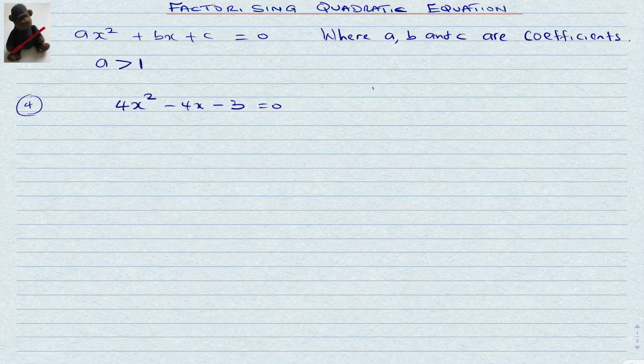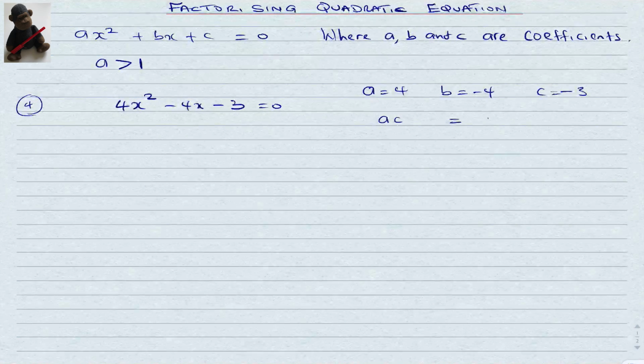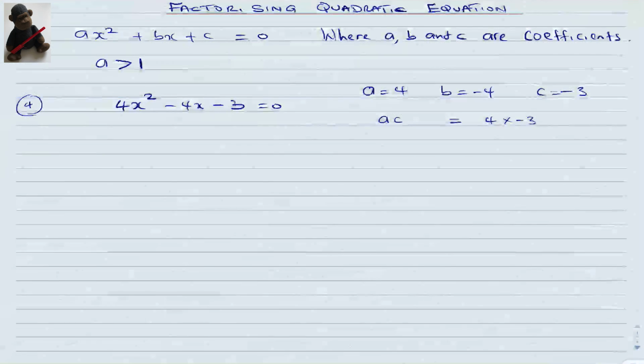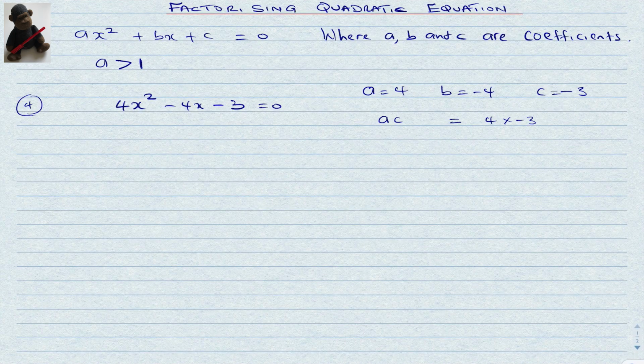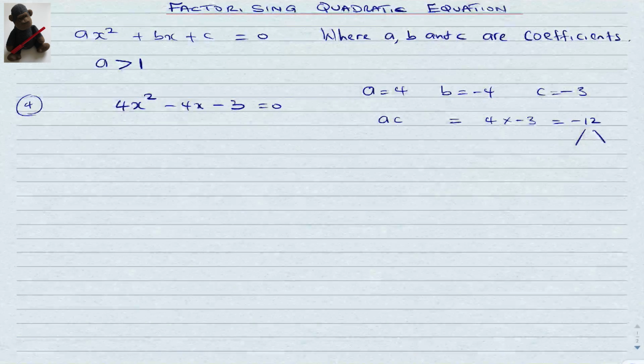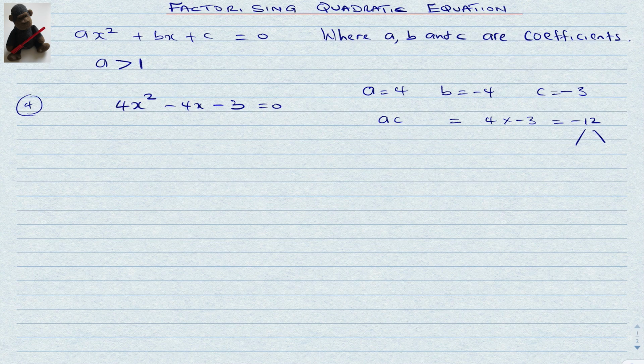Now let's try this question where a equals 4, b equals minus 4, and c equals minus 3. Now we need to find ac, which is 4 times minus 3, and that will give us minus 12. So we need two numbers we can multiply together to get minus 12, and when we add them together we get minus 4.